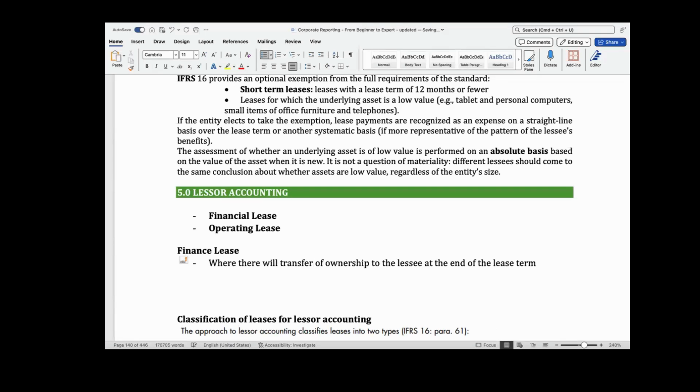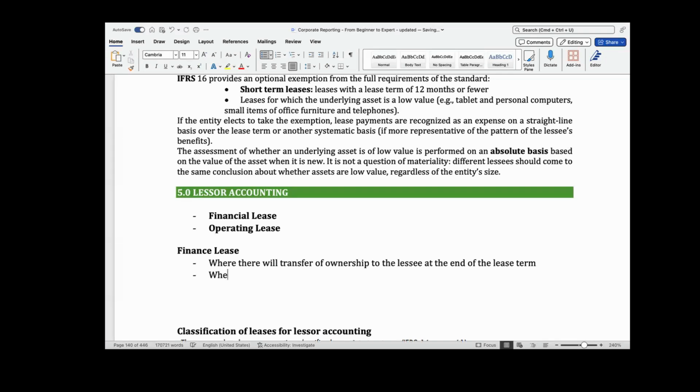This is one indicator that possibly shows that this lease is a finance lease, that the lessor has transferred risk and reward. The lessor is as good as having sold this asset.